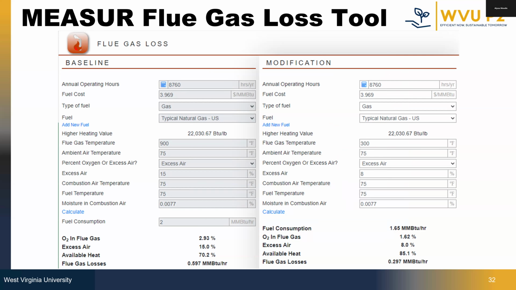So by inputting the data collected from the combustion analyzer into the software, along with some other basic information, including fuel cost and operating hours, the software can estimate the losses in flue gas and the excess air. A modified scenario can then be generated where updated values can be input to see how those outcomes change. When the air to fuel ratio is adjusted, the goal should be reducing the excess air level as low as possible while avoiding an increase in boiler emissions reported by the combustion analyzer.